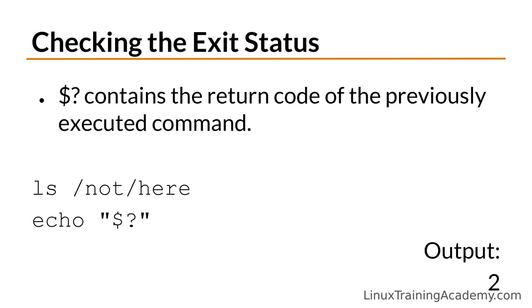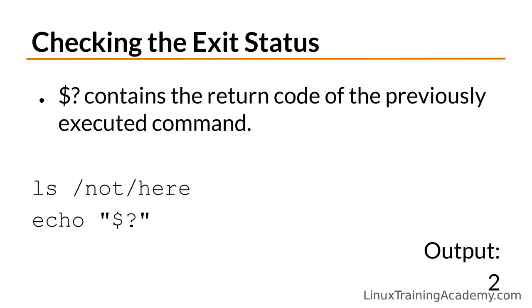The special variable $? contains the return code of the previously executed command. In this shell script, the ls command is called with a path to a file that doesn't exist. Immediately after the ls command is executed, the return code of that command is displayed on the screen using echo $?. This will display a 2 to the screen.